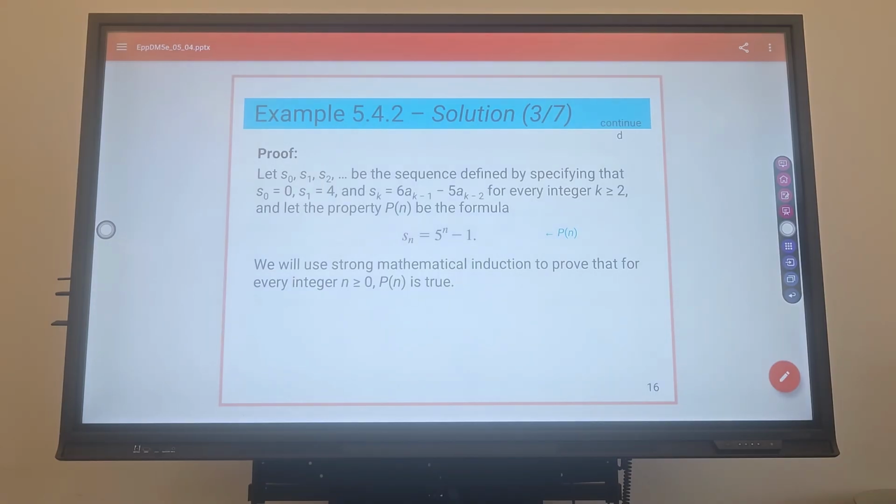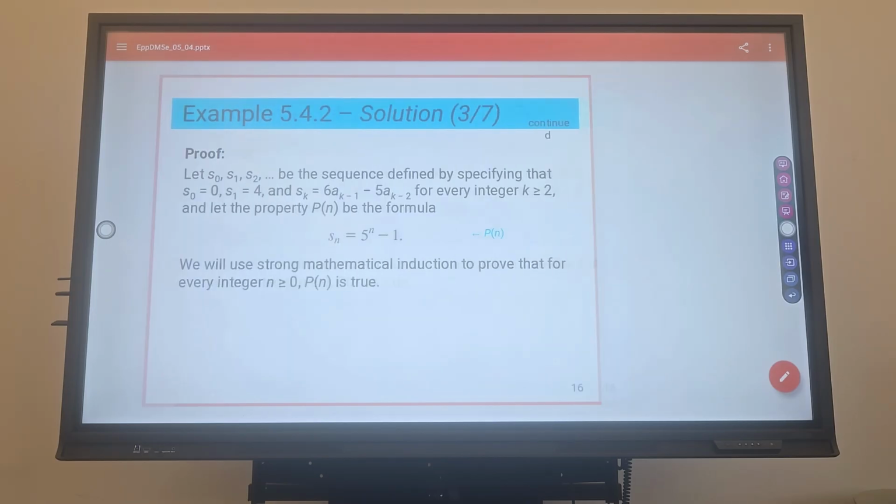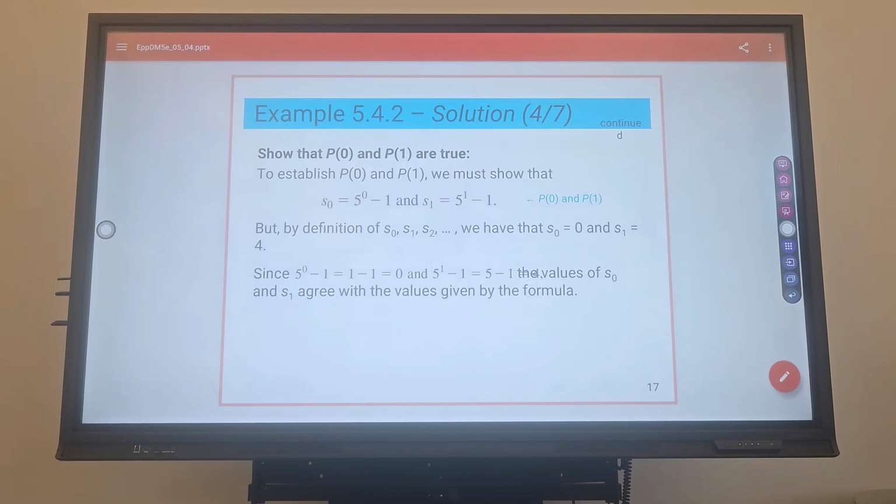Proof. Just restating the definition here. Use strong mathematical induction to prove it. First, show P of 0 and P of 1 are true. Do that by simple substitution.